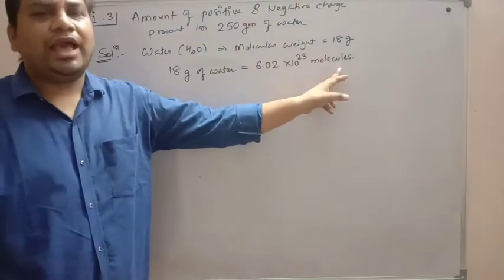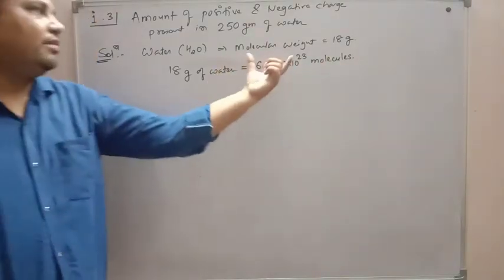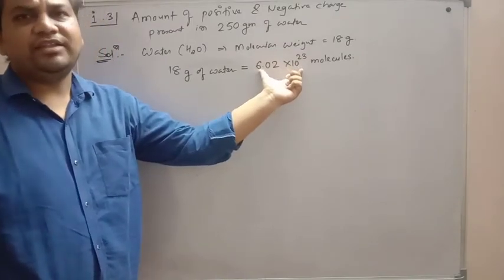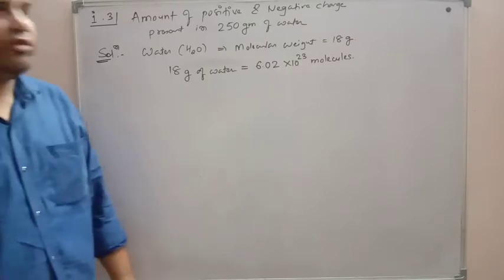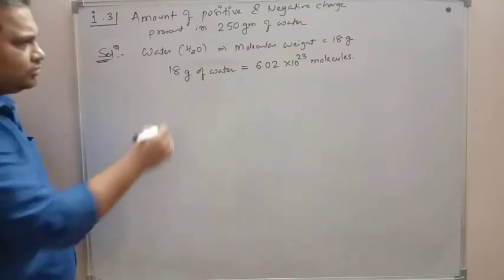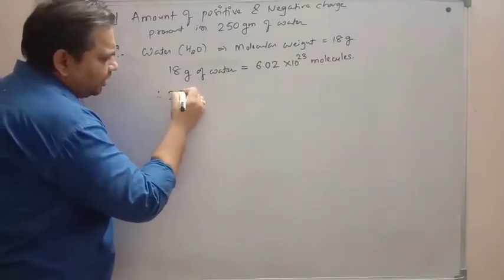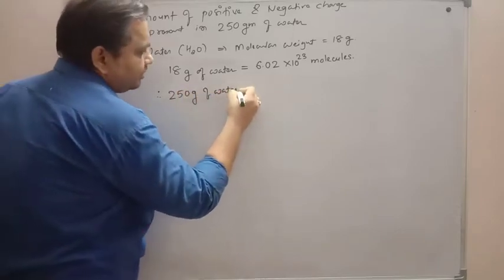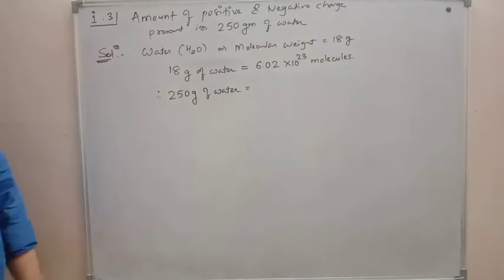According to Avogadro's concept, this number which I have written over here, 6.02 into 10 power 23, is called the Avogadro number. Now, therefore, in 250 gram of water, how many molecules will be there?